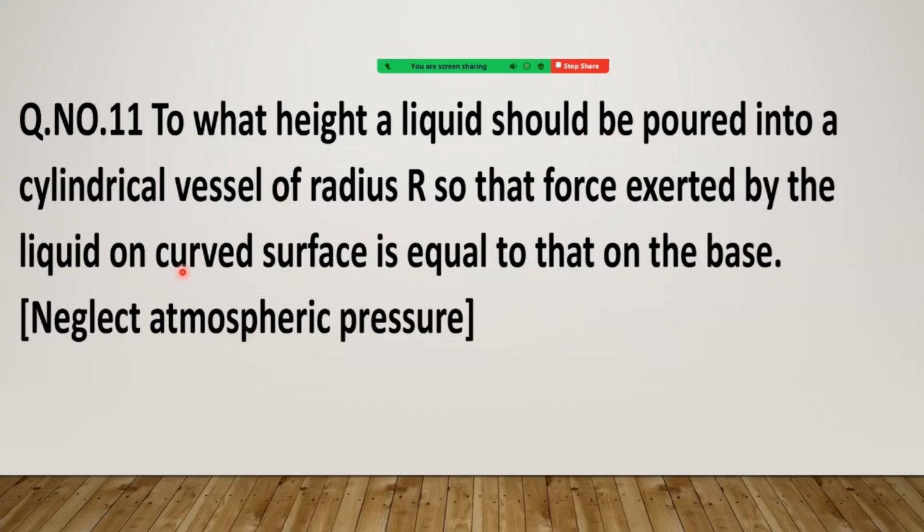Given a cylinder, to what height we have to fill it with a liquid. The condition is that on the base and on the curved part, the force by the liquid must be the same. Let us see now.